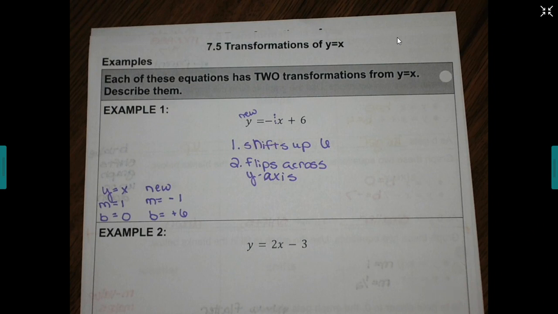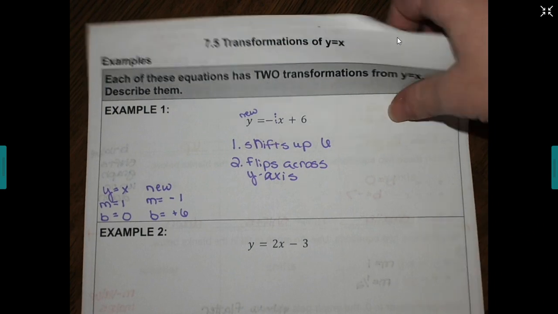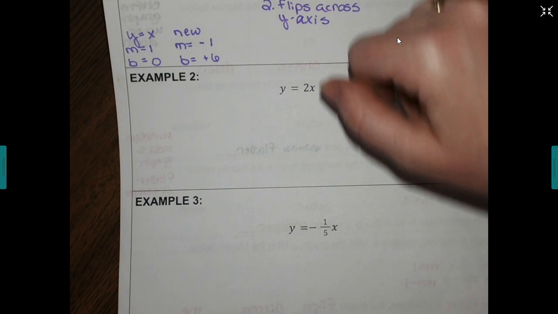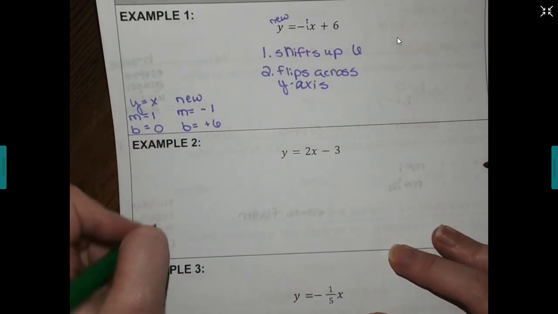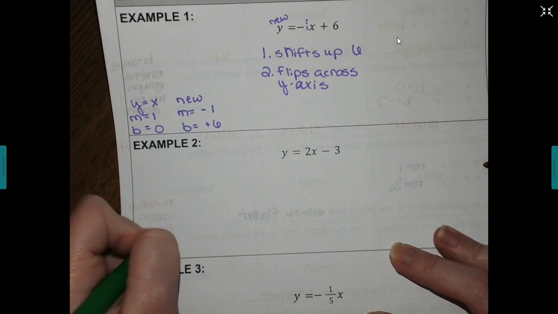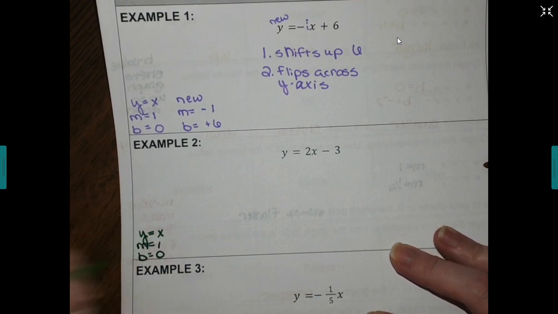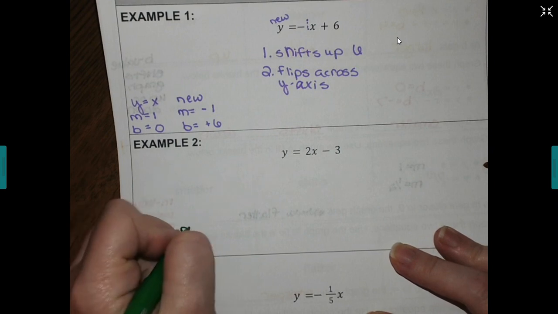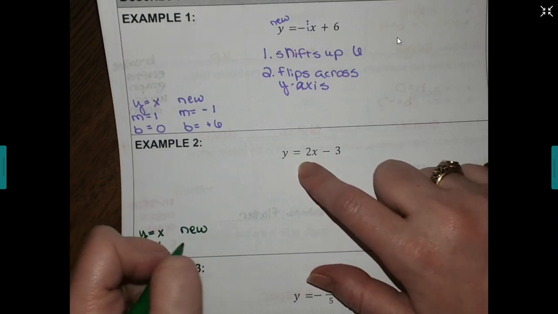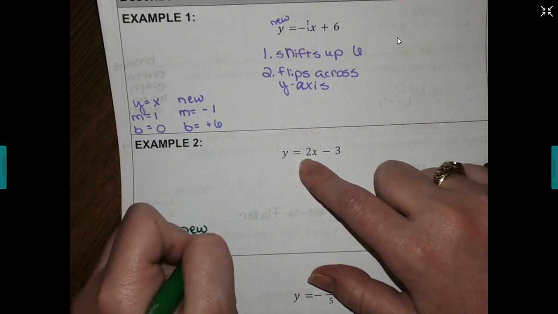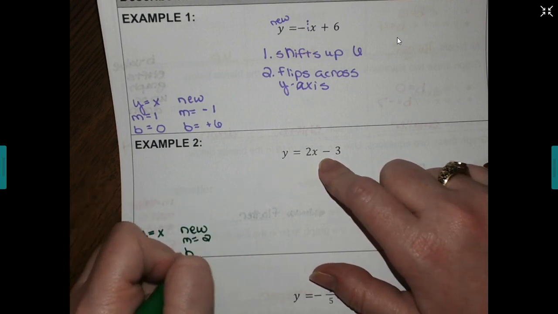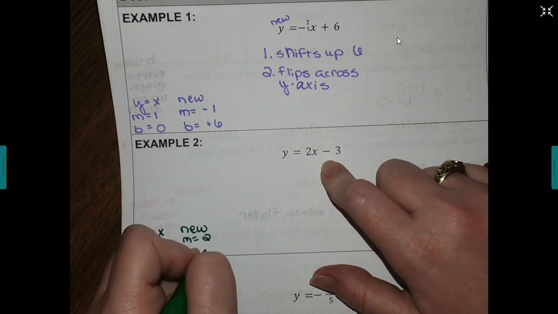Okay, let's do example 2. Again, we're still comparing it to y equals x, our parent function. So we know that y equals x means our m equals 1 and our b equals 0. Our new values: our m now equals 2, and our b now equals negative 3.